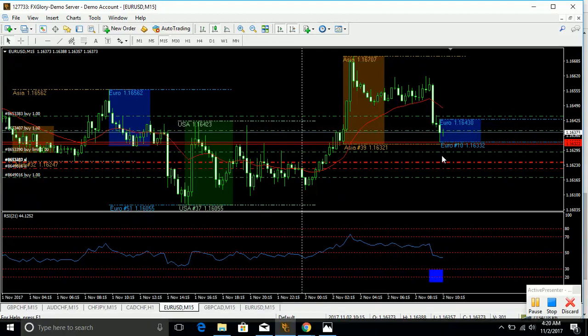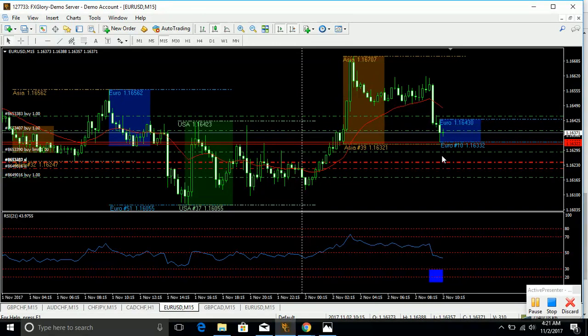Trade the pair that is consolidating or ranging near the previous day's high or low between 2 and 4 a.m.